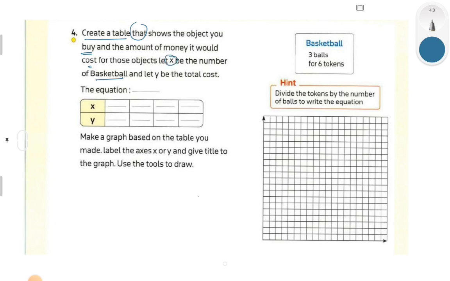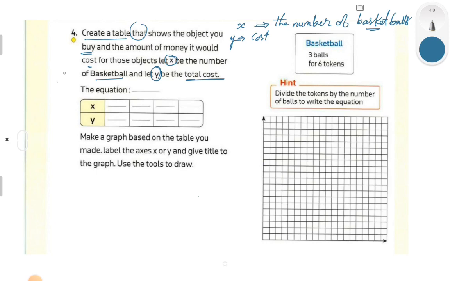X, the number of basketballs I will buy, and y, the total cost of these basketballs.